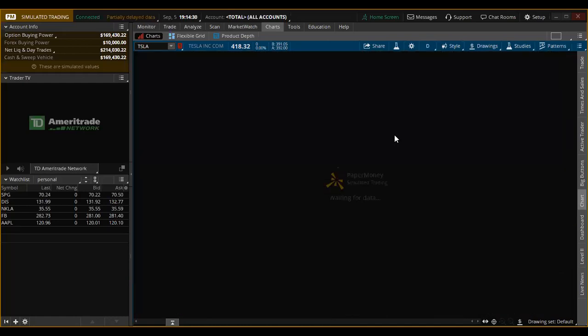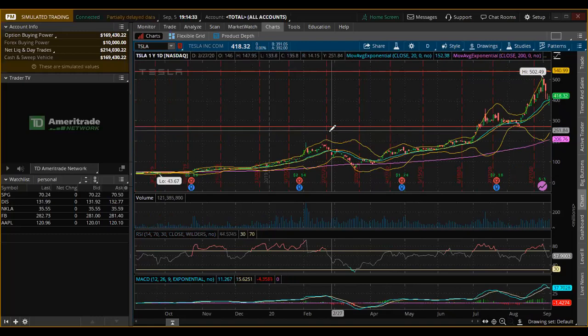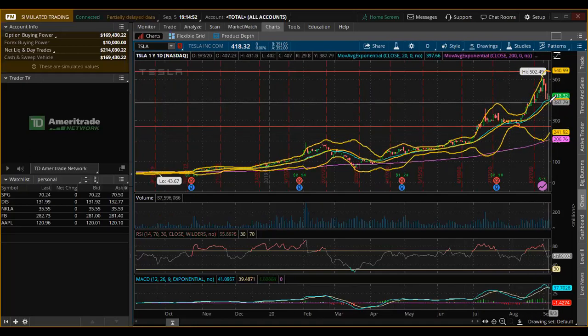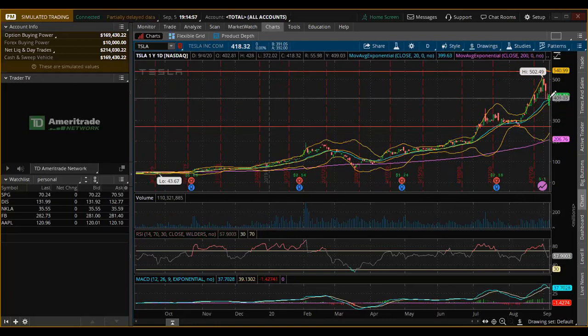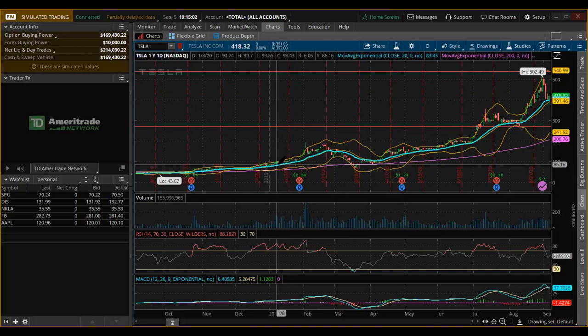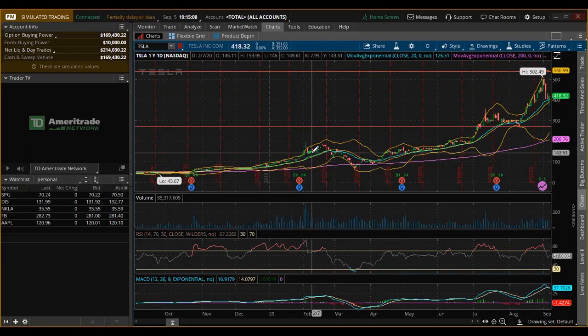Let's look at a year for this one real quick. This is why people were talking about how Tesla still has room to fall. If you look at the year chart, it's way above the 200-day. It's still sort of in the middle of the Bollinger Bands. So technically, Tesla still has room to fall. But what I was saying in the chat, yes, I know they did the 5-to-1 split, but everything is still adjusted, right?